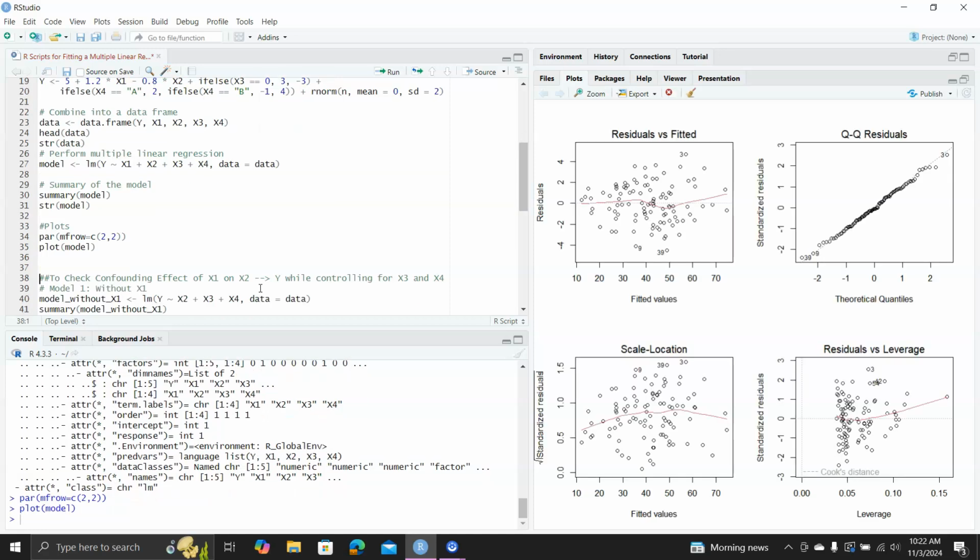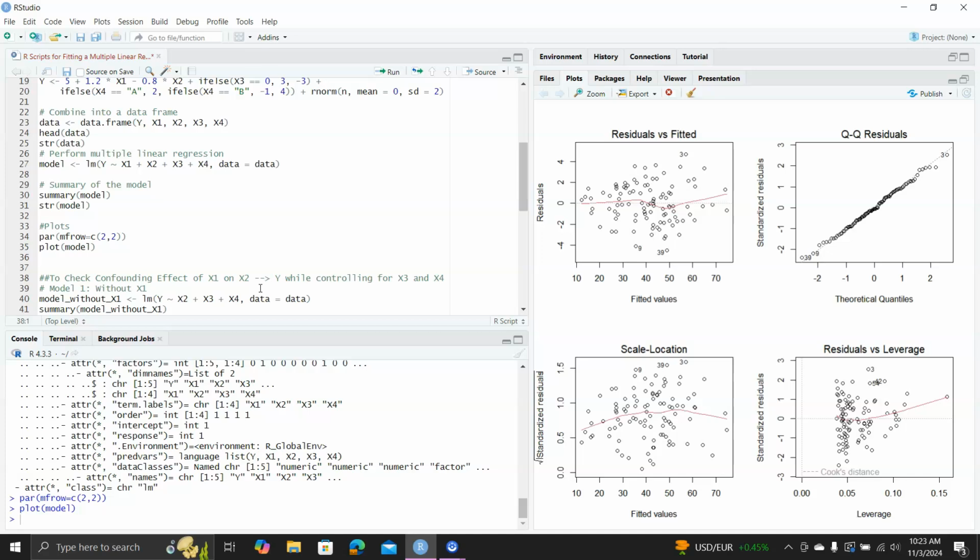You immediately get these 4 plots showing you the goodness of fit and the influential data points, etc. I have 2 videos comprehensively covering regression diagnostics. Okay, you can find them in my channel. So I'm not going to do more coverage here. Okay. All right.